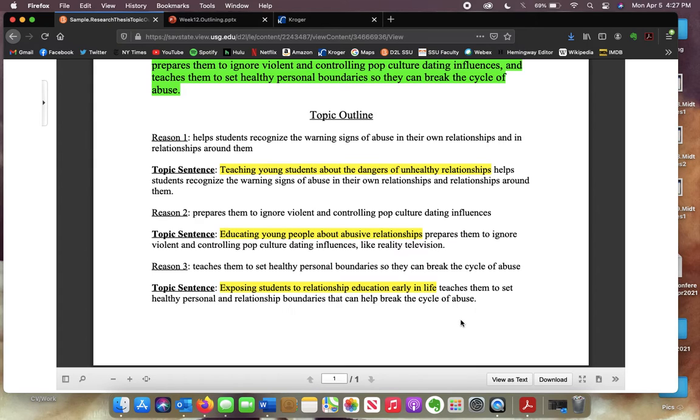And then reason 3 is teaches them to set healthy personal boundaries so they can break the cycle of abuse. So I've restated my claim again in different words. Exposing students to relationship education early in life teaches them to set healthy personal and relationship boundaries that can help break the cycle of abuse.